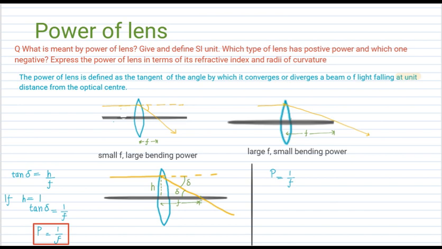The SI unit for F is meter. So if F is how much? 1 by meter. So what should be the SI unit of power?